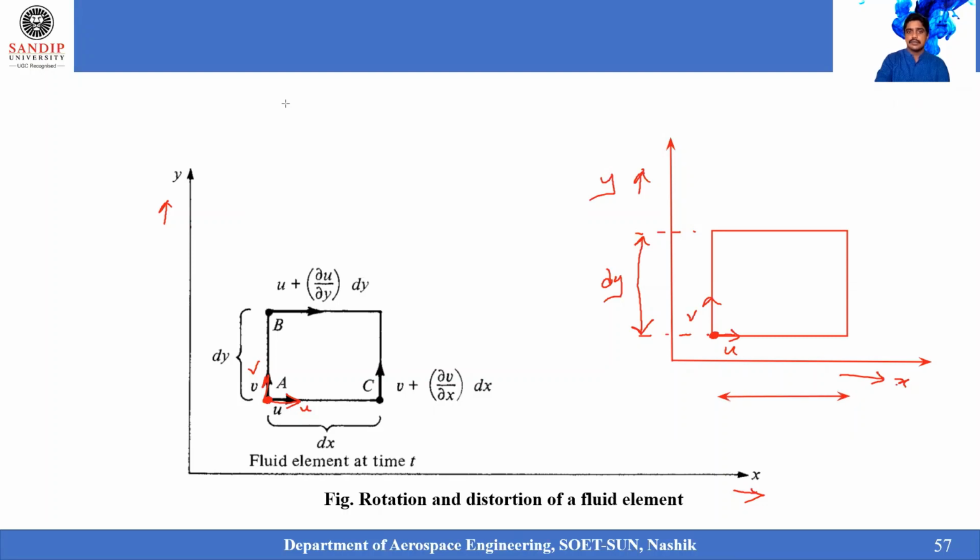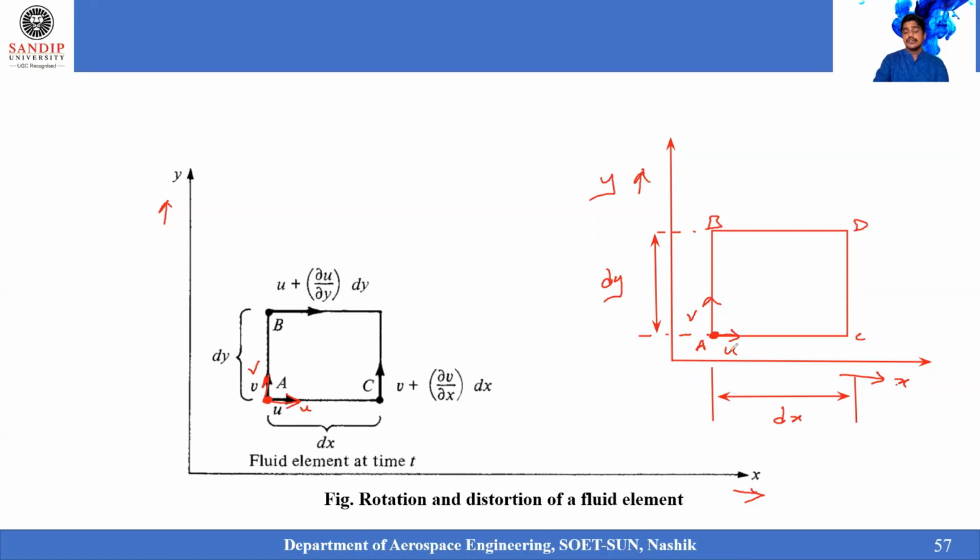Let me take the elemental distances of this fluid element on the x-axis and y-axis as dx and dy. Let me name this fluid element as A, B, C, and D.